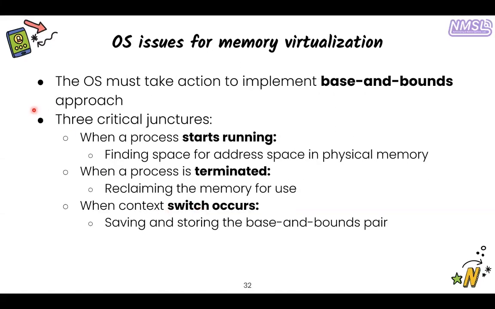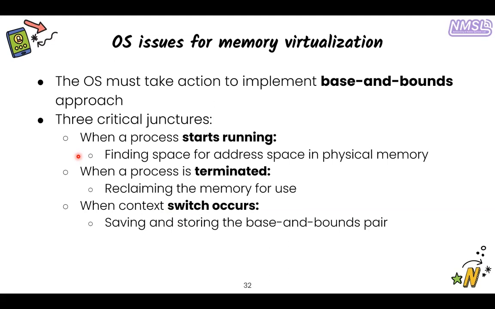Now, in terms of the OS for memory virtualization, there are three critical points. One is when the process starts running. You're first going to have to find space for the address space in physical memory. When the process is terminated, you have to reclaim the memory.